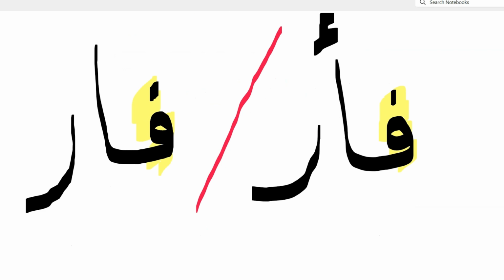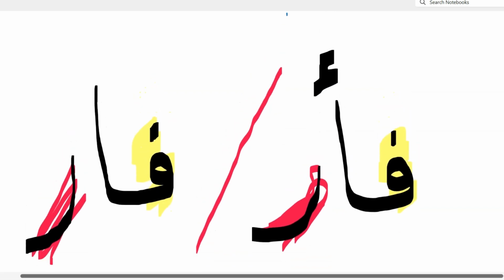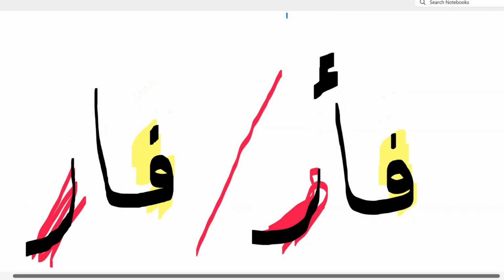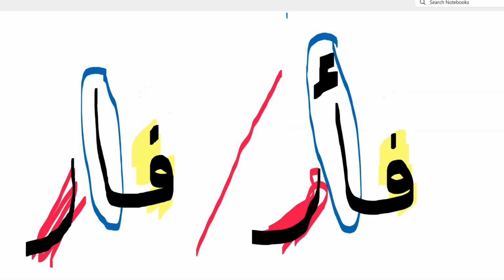In the end we have the ra, same here. But what about this one in the middle? The middle looks different, a little bit different. In the middle we have this one, but in the middle we have this one. Now, this one here is the hamza, this one here is the alif.